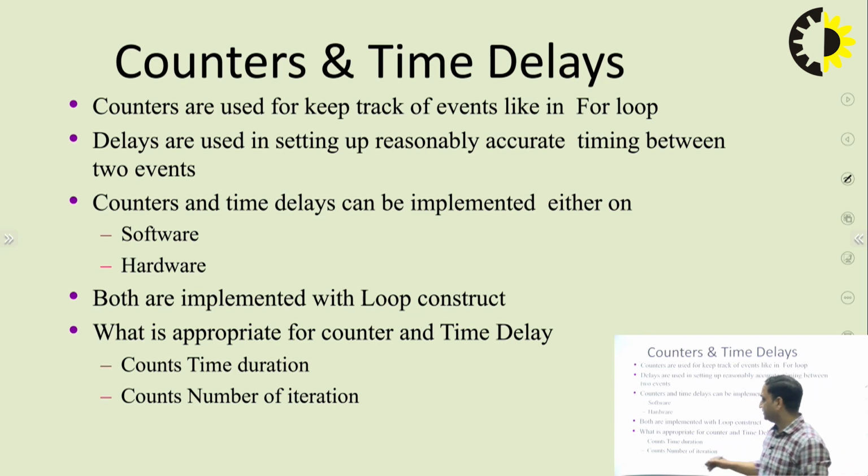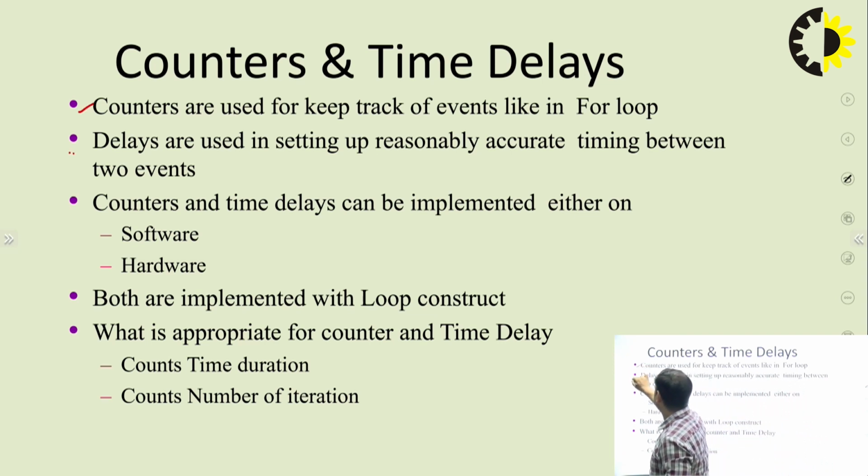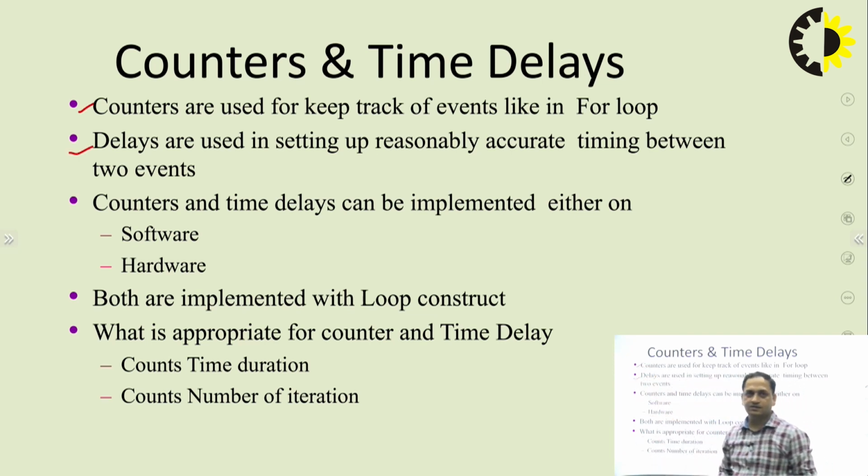And then we have the delay. Delays are used in setting up reasonably accurate time between two events. So counting is for the event, and the delay is the time between the two events.